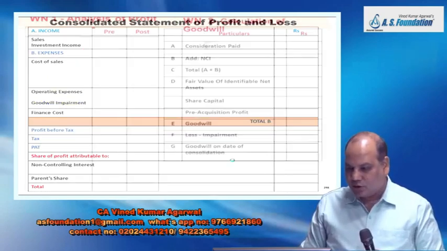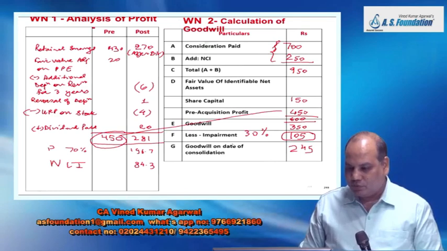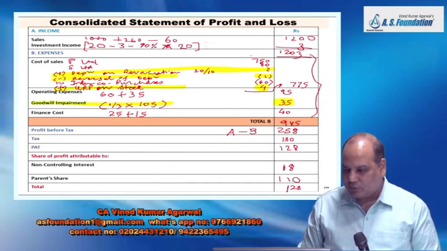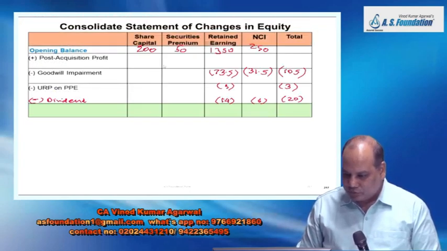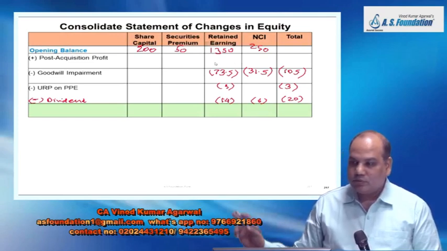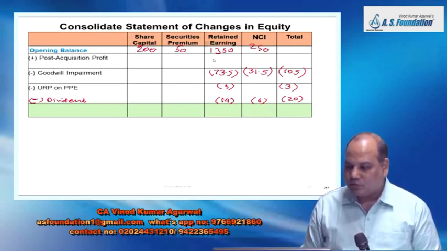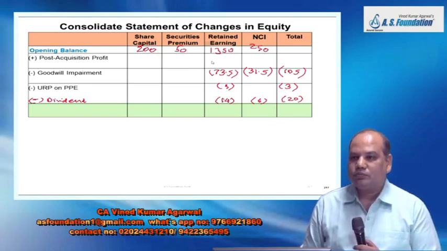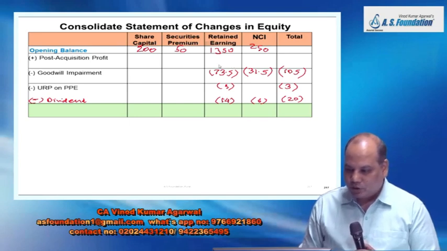In SOCIE, we have to add the profit. Which profit I have to add? Post acquisition profit. The one which you computed just now, or the one which is based on pre and post acquisition profit? Yes, analysis of profit post acquisition. How much was the share of parent company in that?